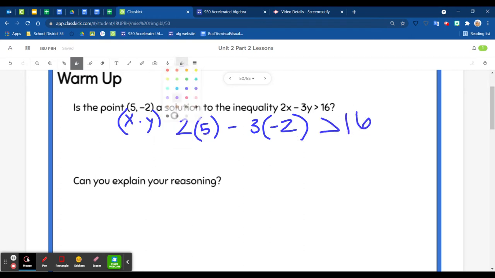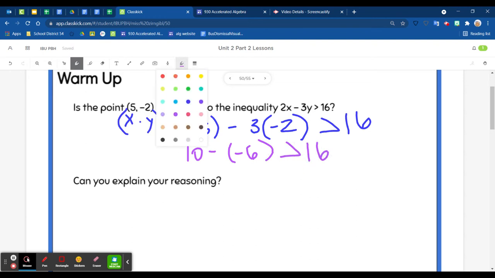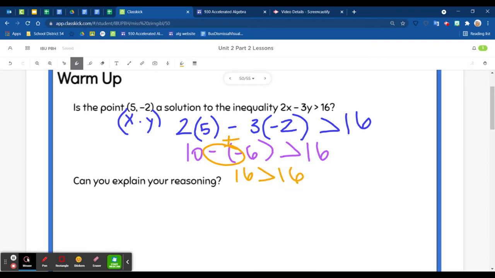So I rewrote using x and y. Now I'm going to calculate 10 minus -6 greater than 16. Well, I know that minus a negative becomes plus a positive. So I'm asking, is 16 greater than 16? No. 16 is equal to 16.